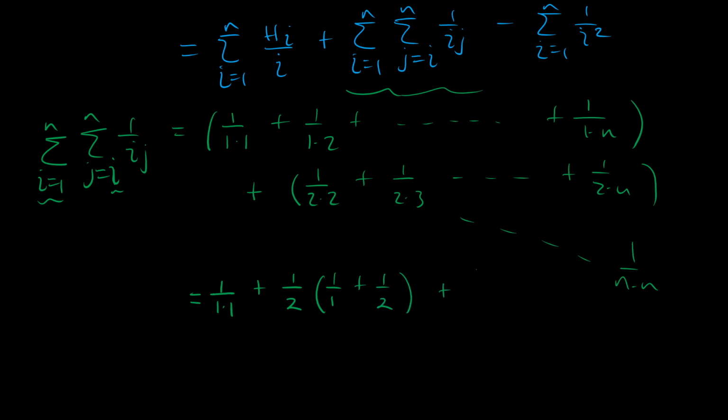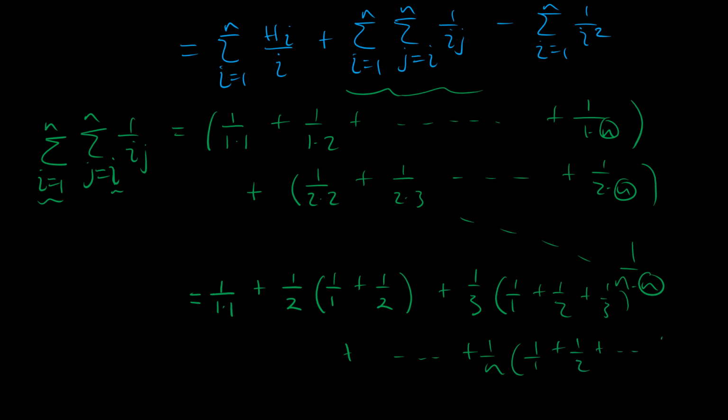And if we pick 3, we have 1 over 3, 1 over 2, 1 over 3, and all the way until we see this n. So if we bring 1 over n out, we have 1 over 1, 1 over 2, plus 1 over n.